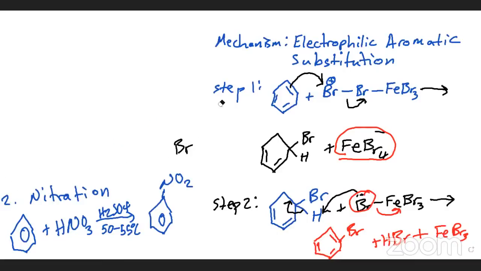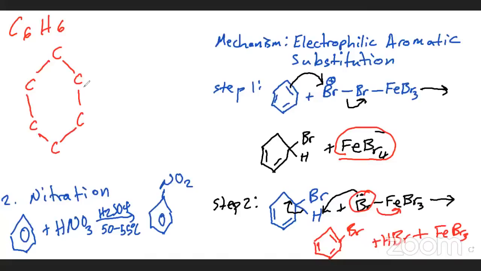Okay. All right. So benzene, the formula for benzene is C6H6. All right. So carbon, carbon, carbon, carbon, carbon, and the carbon is there. All right.